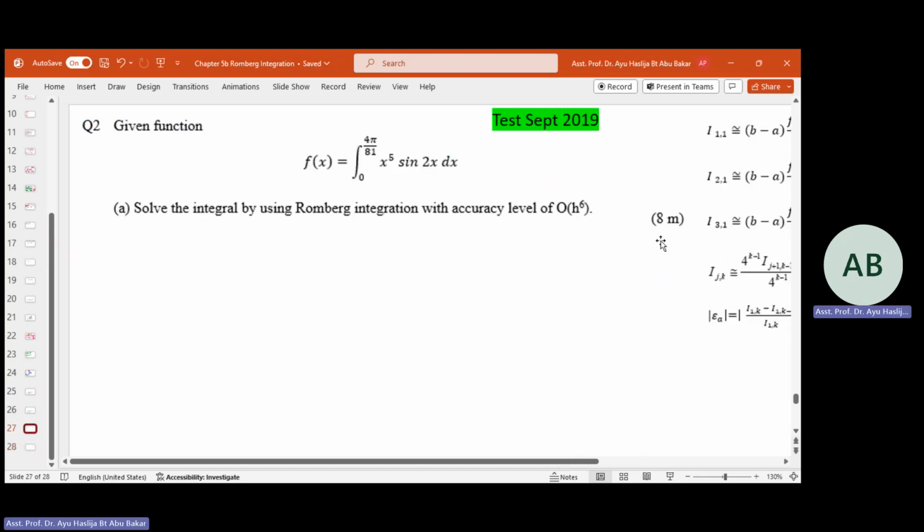Okay, let's try this one. Similar step. You find the points and then find the FM, FA. This question again asks you to use Romberg with accuracy level of OH6, meaning that K level 3.